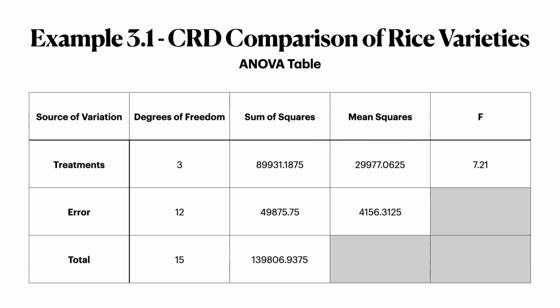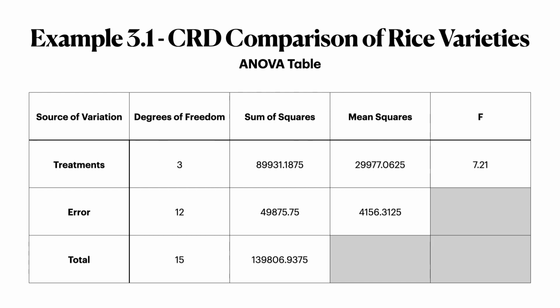One thing I want to point out is that the ANOVA table is not only a convenient way of organizing and presenting the information from the ANOVA, but it also facilitates the calculation of the mean squares and the F statistic once we have the degrees of freedom column filled out and the sum of squares column filled out. So once we have those first two columns, we can get the mean squares by dividing the sum of squares in that row by the degrees of freedom in that row.